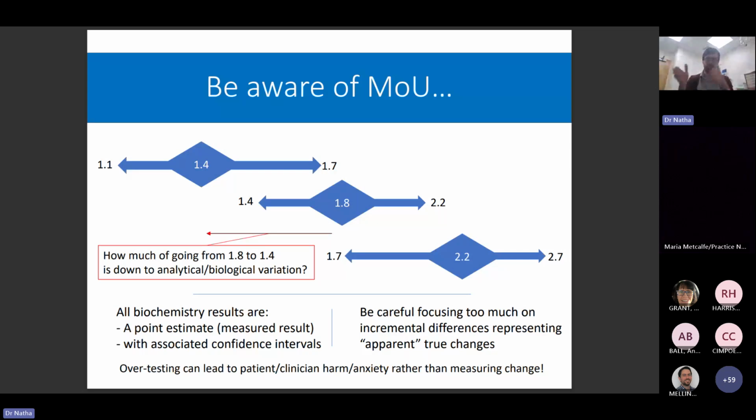It will have confidence intervals around that measured result, because anytime that we take a snapshot blood test, we're only ever really getting a snapshot within someone's natural biological variation. That's the natural swing of someone's biochemistry throughout a 24-hour period. So around the point measurement, we'll have these confidence intervals, and you'd be surprised how much those intervals overlap.